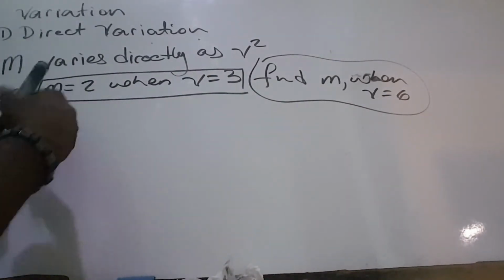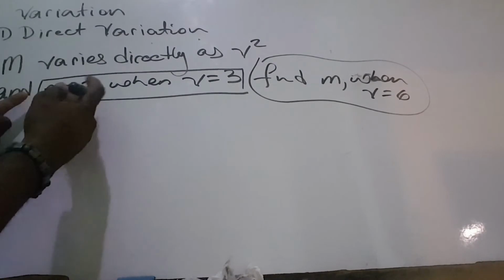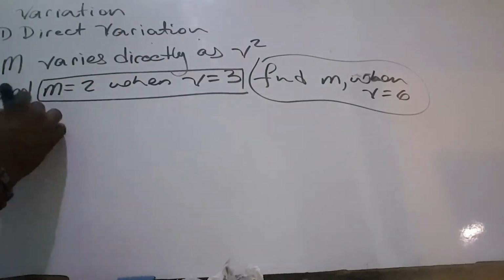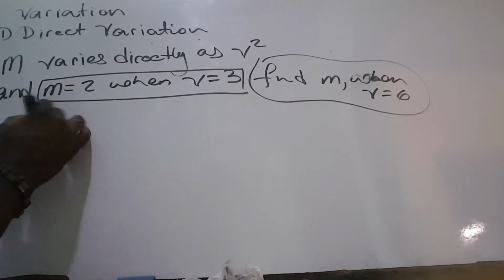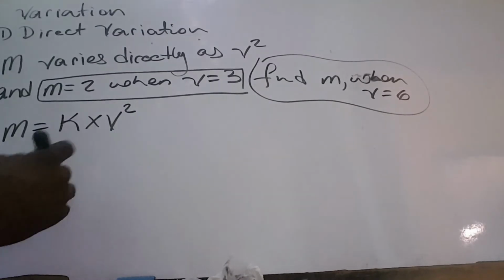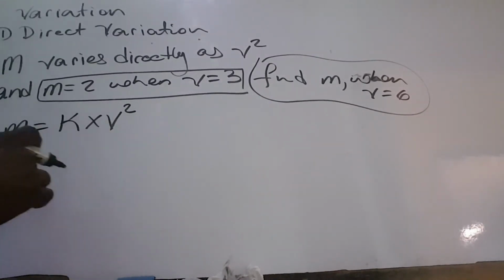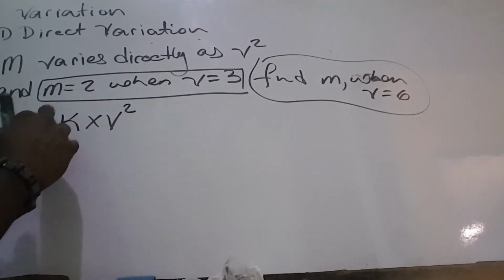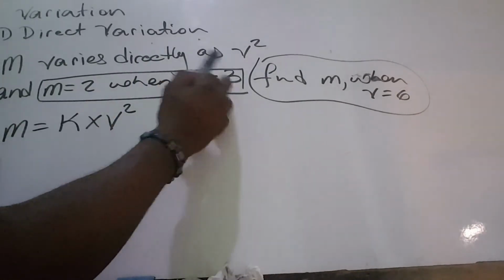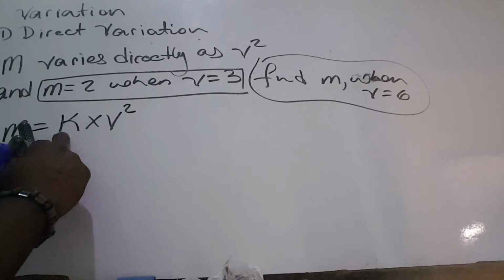Let's write the formula that will be running for this math. It says m varies directly as v squared. This means that m is equal to k times v squared. Now, with this case, we're going to substitute 2 for m and 3 for v, and then find the constant.